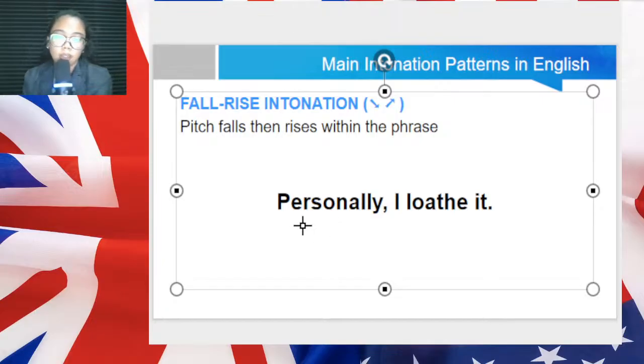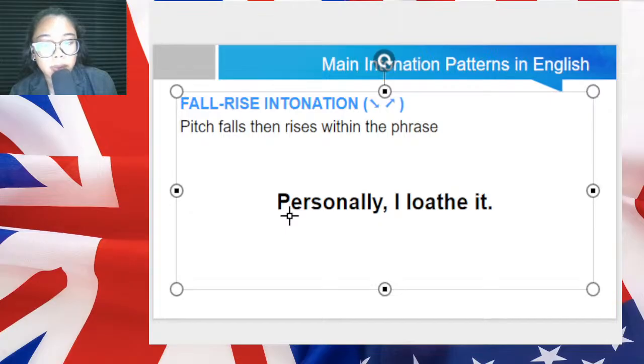Okay, I found it. Anyway, when "personally, I loathe it" is spoken with a fall-rise intonation, it conveys much more than a simple statement of extreme dislike. Now, we're focusing on "personally," right?